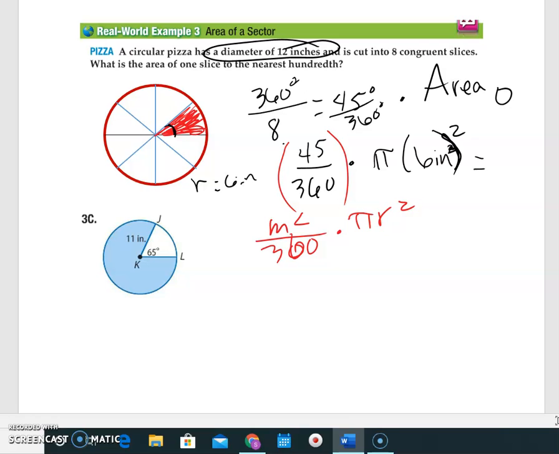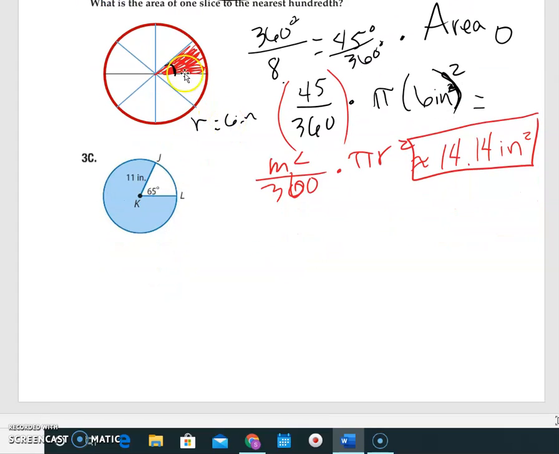It says round to the nearest hundredth. I end up with about 14.14 inches squared. So I'm eating 14 square inches of pizza, which sounds pretty good right now, actually.